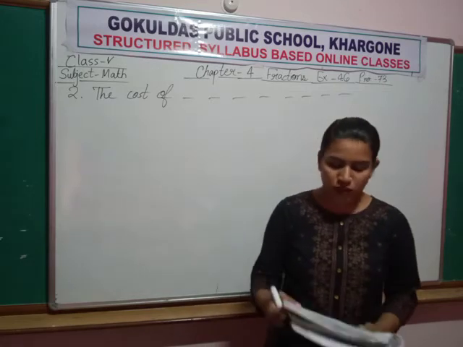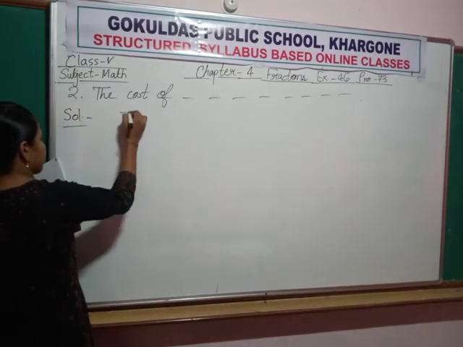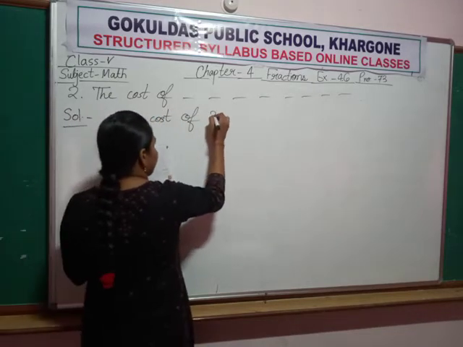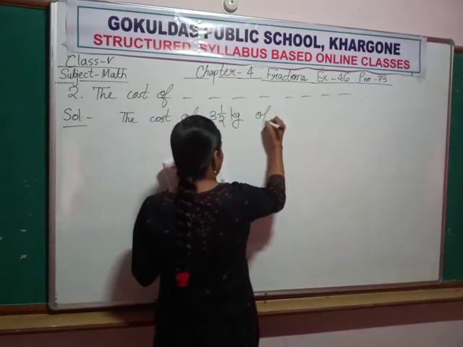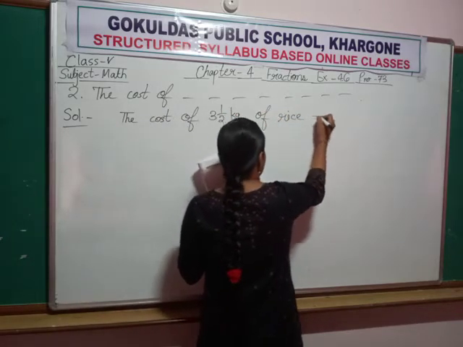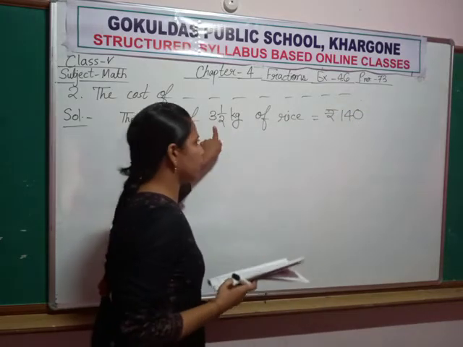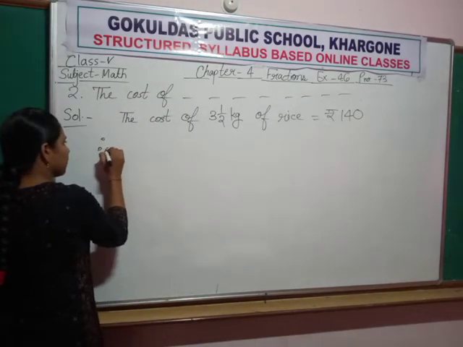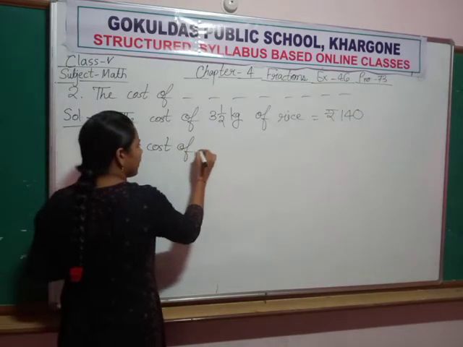So here also, the cost of what is given? The cost of 3:1/2 kg of rice is rupees 140. The cost of 3:1/2 kg rice is given and they are asking the cost of 1 kg rice.